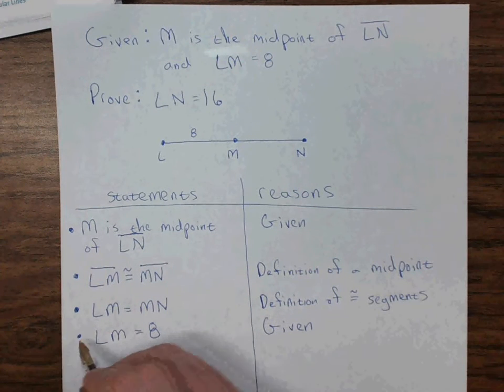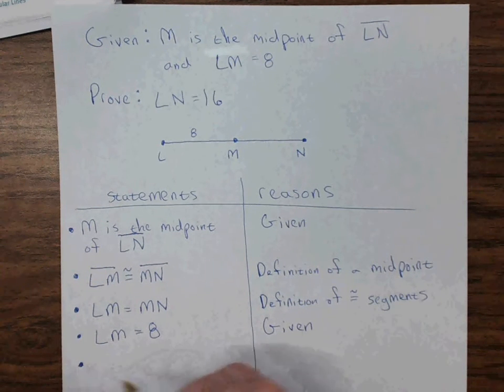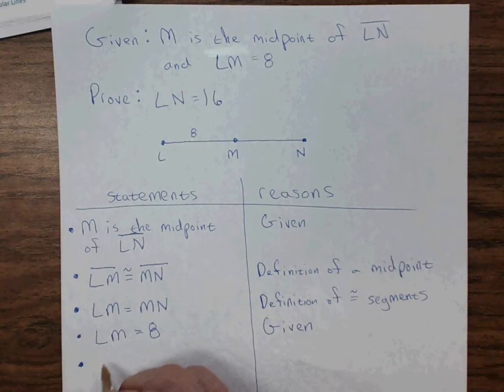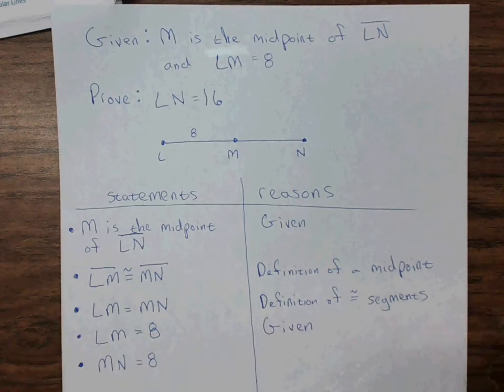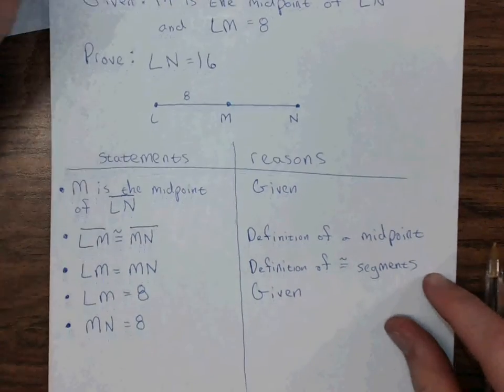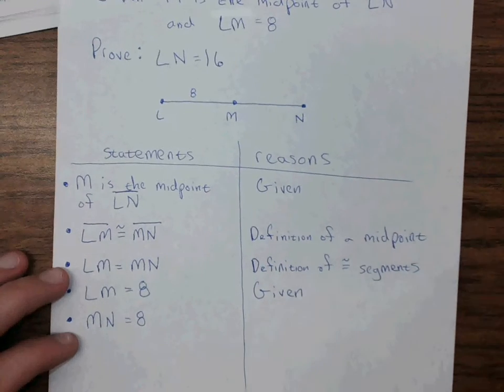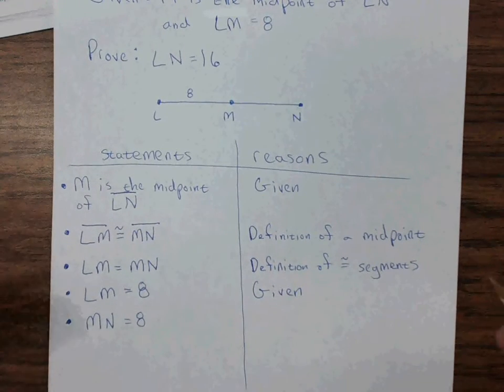Now here, substitution or transitive becomes relevant. Because LM is equal to 8, we also know that MN is equal to 8. Now, as I said, in my mind, that just seems like a straight-up substitution, but there is some application of the transitive property here.